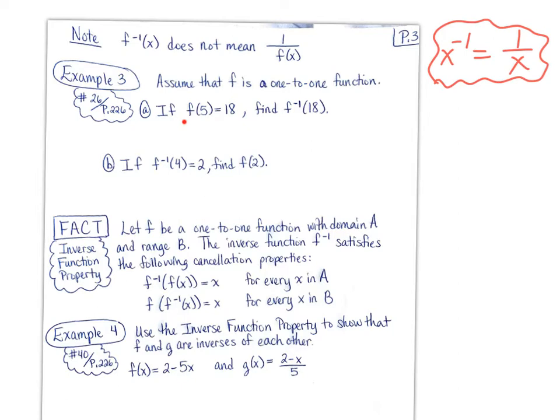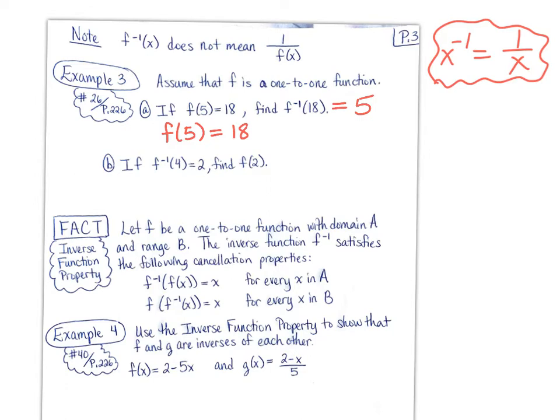If f of 5 is equal to 18, find f inverse of 18. What do you think f inverse of 18 is going to be? 5. Very good, because you have to go back, right? So this is equal to 5. Okay, and we talked about composition of functions, right? So you can actually see that from this viewpoint as well. We know f of 5 is equal to 18.